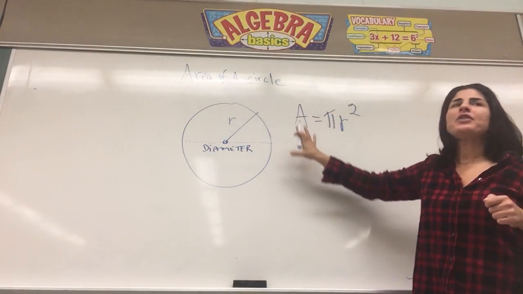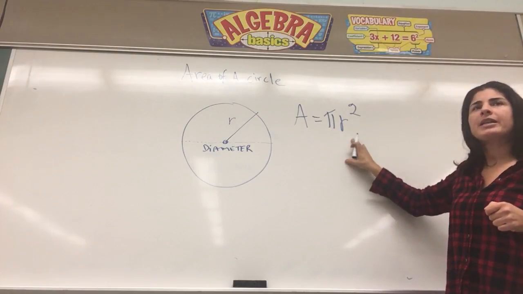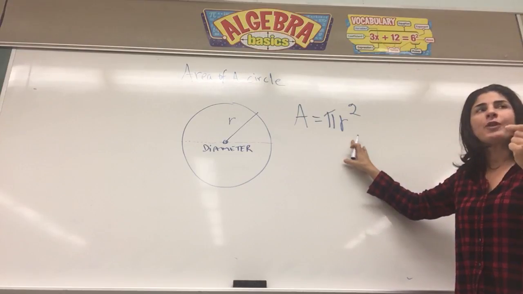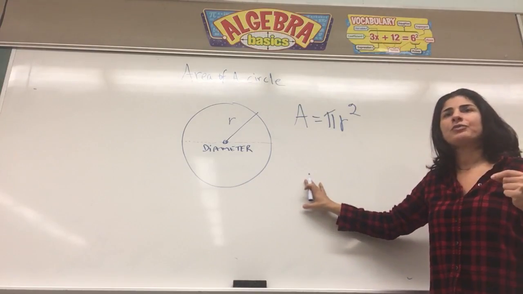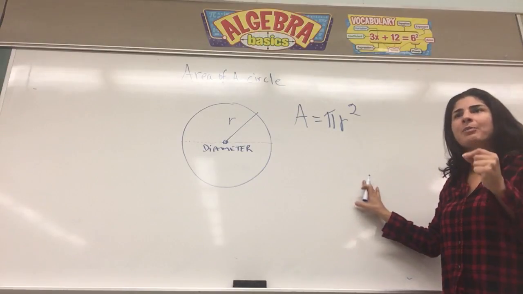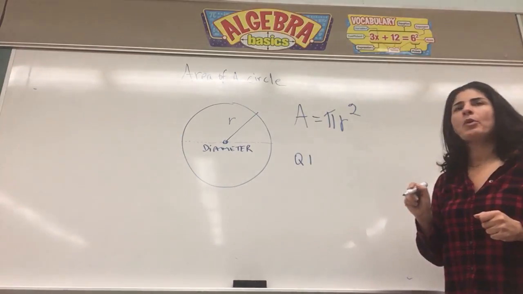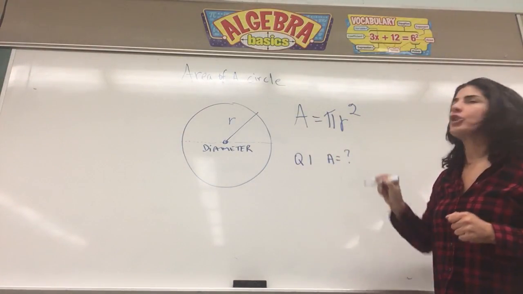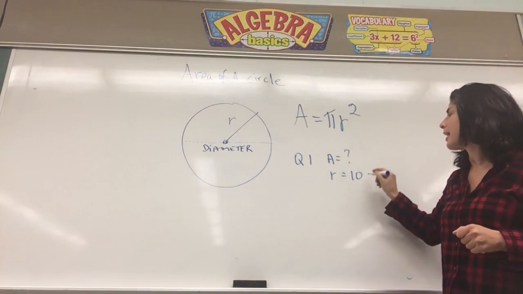Now you may have never seen this. It's pi times radius squared. What we have to do is find the radius to be able to find the area of any circle. For example, question number 1: what is the area of a circle that has a radius of 10 centimeters?